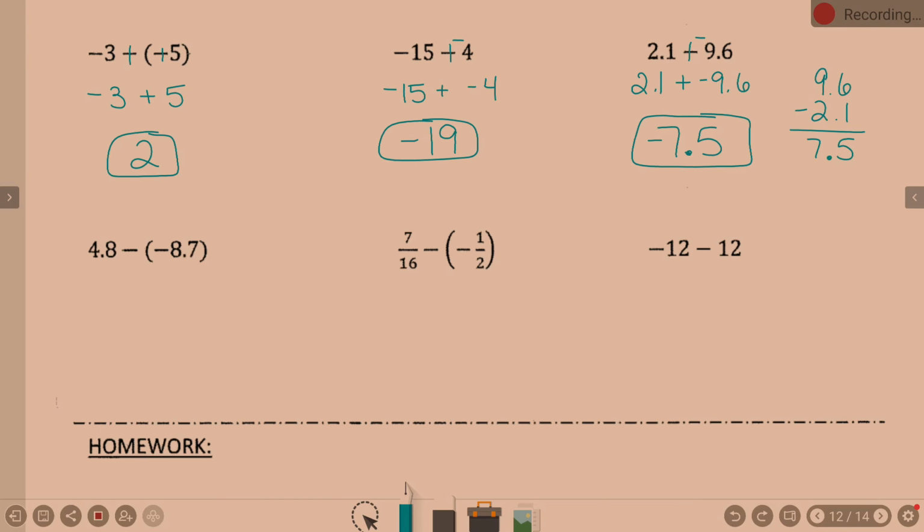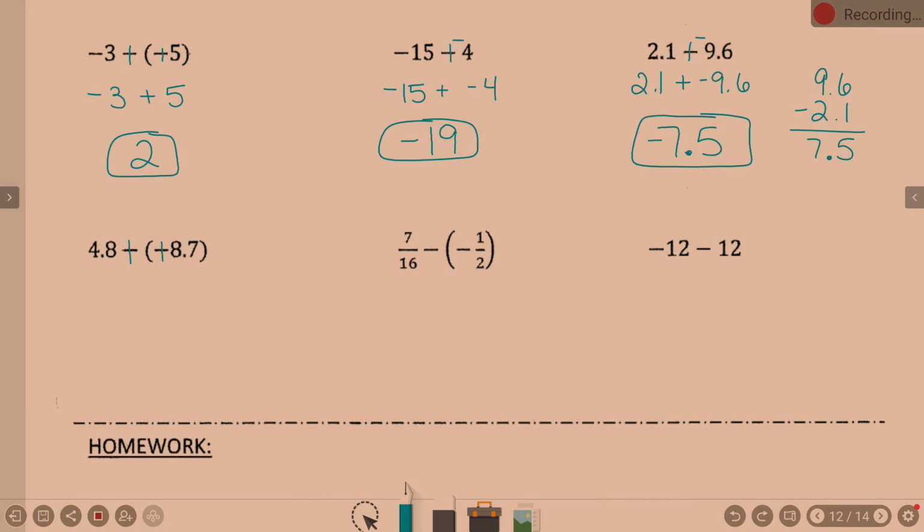Okay. 4.8 minus negative 8.7. Keep, change, so keeping 4.8, changing subtraction to addition, and the opposite of negative 8.7 is positive 8.7.